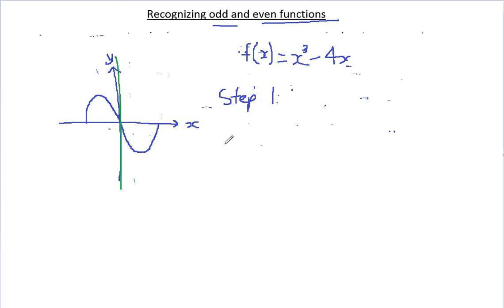What does that mean? For this part of the graph, to be symmetric about the origin, we first reflect it across the y-axis, so this one transforms to here.